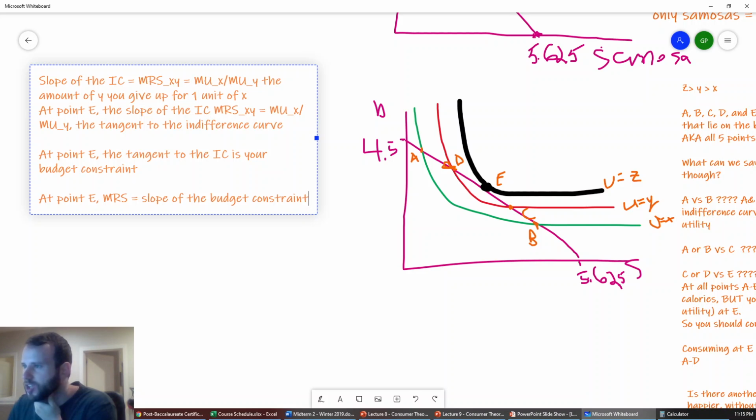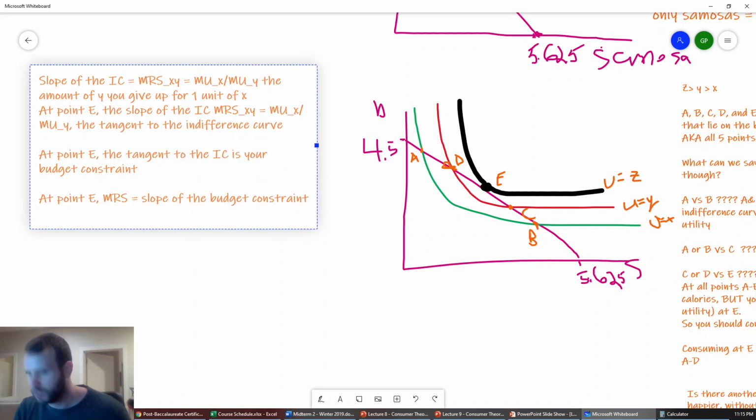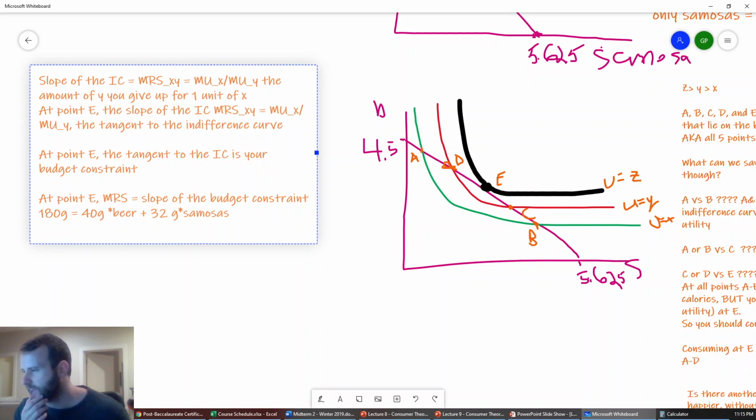At point E, the marginal rate of substitution is equal to the slope of the budget constraint. In this case, it'll be 180 grams equals 40 grams times beer plus 32 grams times samosas.